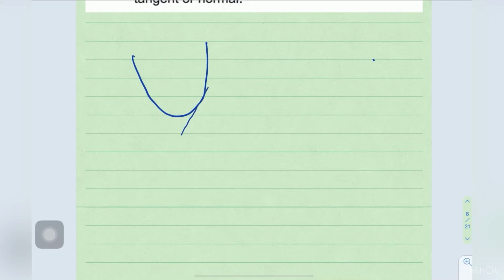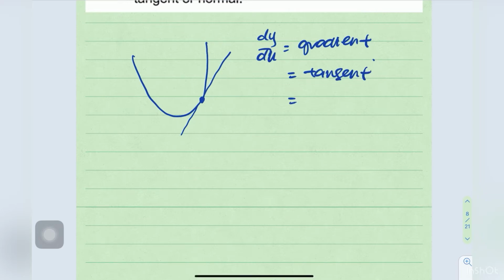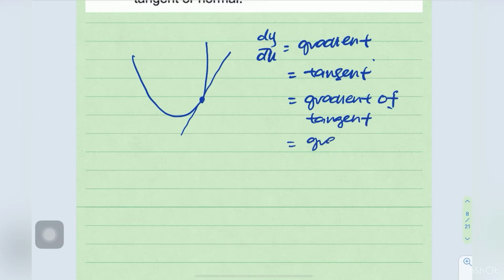So the gradient of the curve is the gradient of the tangent at that point. dy/dx is the gradient of the tangent, and dy/dx is the gradient of the function. You must understand the concept of gradient.